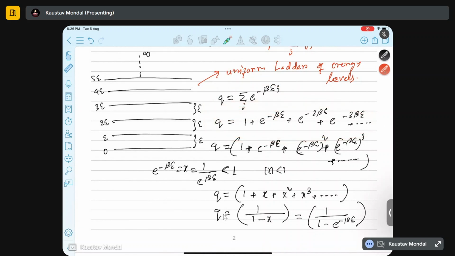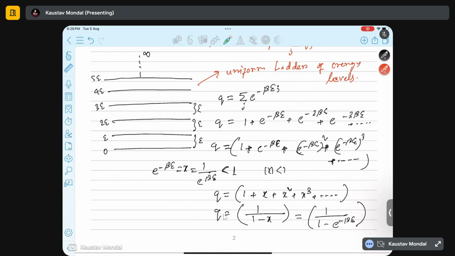Now when we expand the expression of q, we saw that we can write it in terms of the summation of an infinite series, an infinite geometric series more precisely. This is the closed form of that infinite geometric series. So this q gives the value of the partition function.